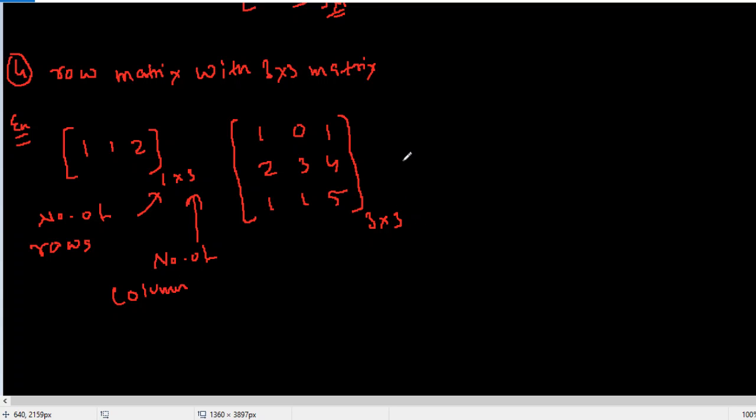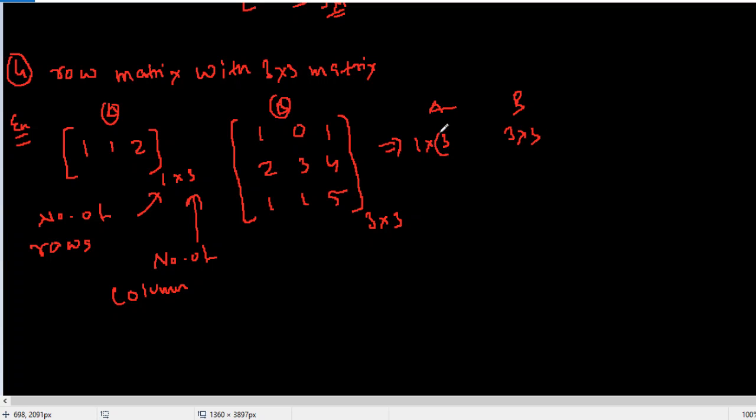Now we have to check whether this satisfies the multiplication of matrix criteria or not. We can see this becomes 1 cross 3, and this is 3 cross 3.